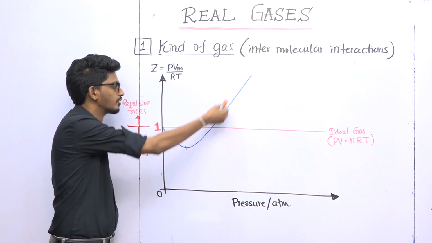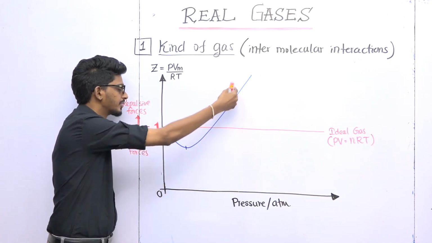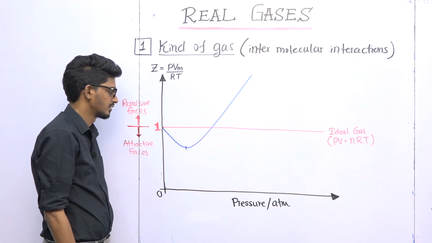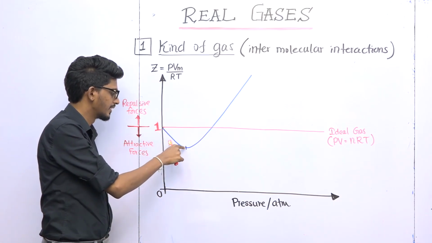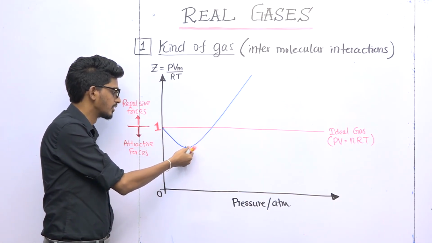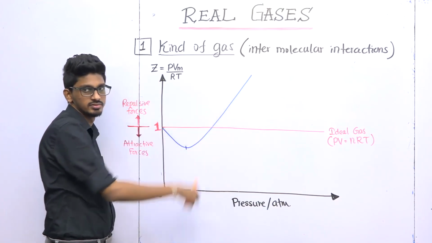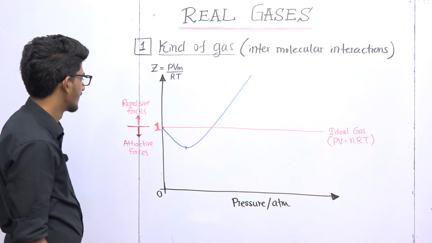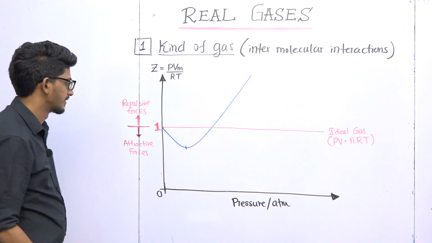From here onwards, the repulsions are the most predominant forces. So attractive forces increase up to here, from here onwards repulsion starts to occur, and after this only the repulsions will occur. So this is the normal nature of a curve for a real gas.